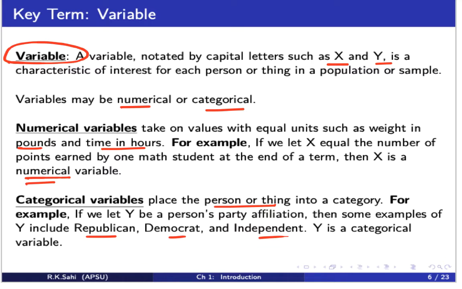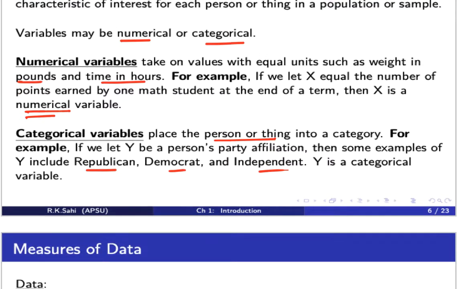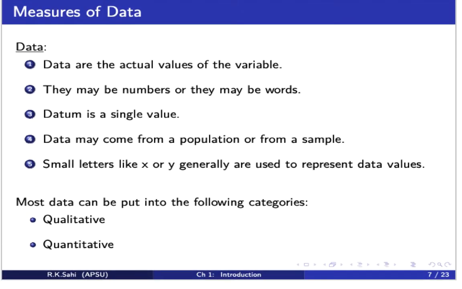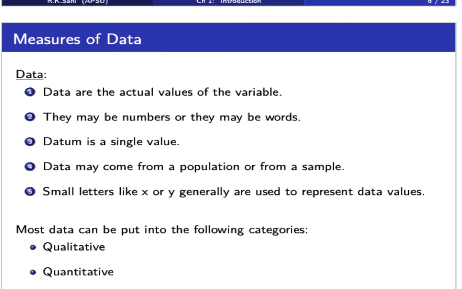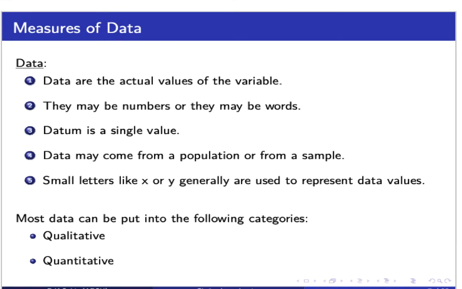Okay, now the most important thing in statistics comes into play: measures of data. Remember, we are inundated with data all the time. Everything we can get our hands on, there's numbers and numbers and numbers. Now these data can be numbers, they can be words too.